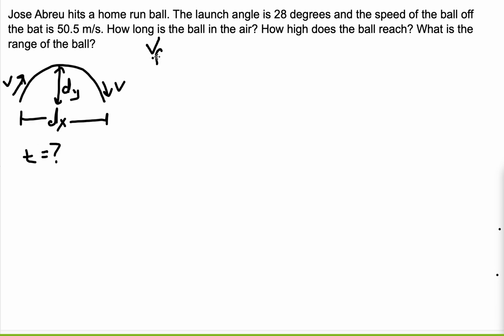So my final velocity, the velocity that the ball is going to hit with, is going to be 50.5 meters per second, and it's going to hit the ground at 28 degrees. If I were to draw that out with vectors, I have my ball landing.